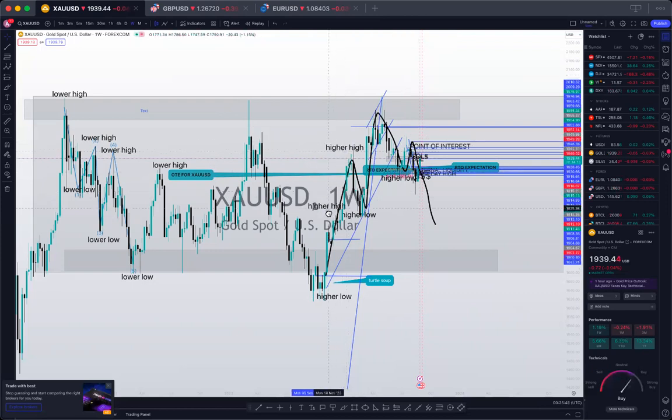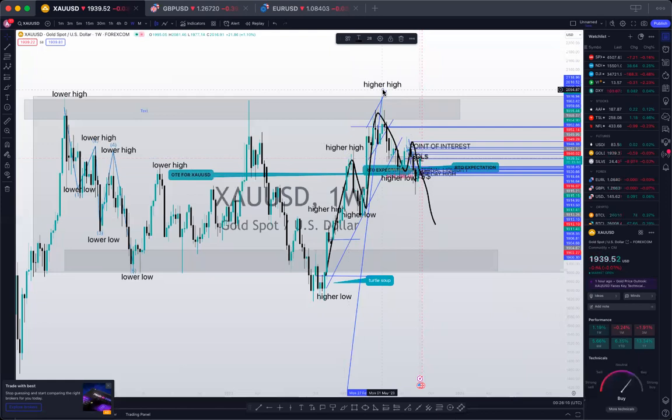We have another higher high here, another higher high. Now, can you see the difference? These are the validations of uptrend and downtrend. You understand?